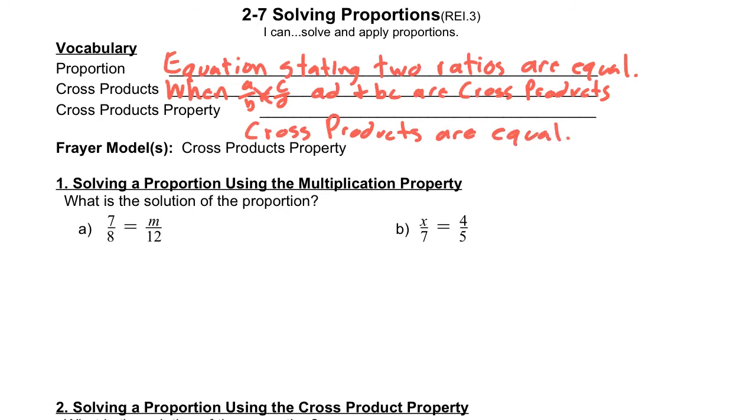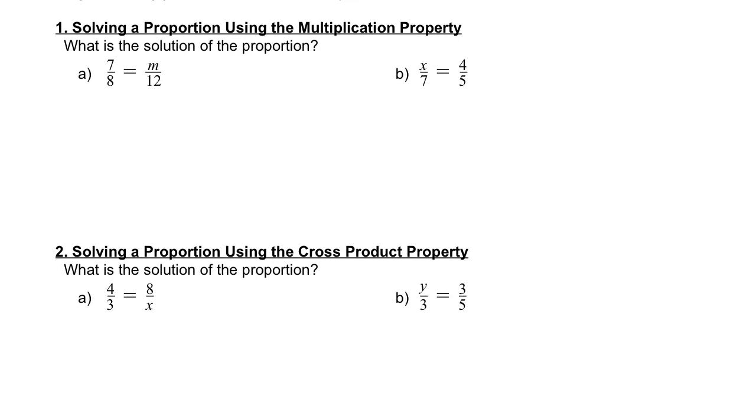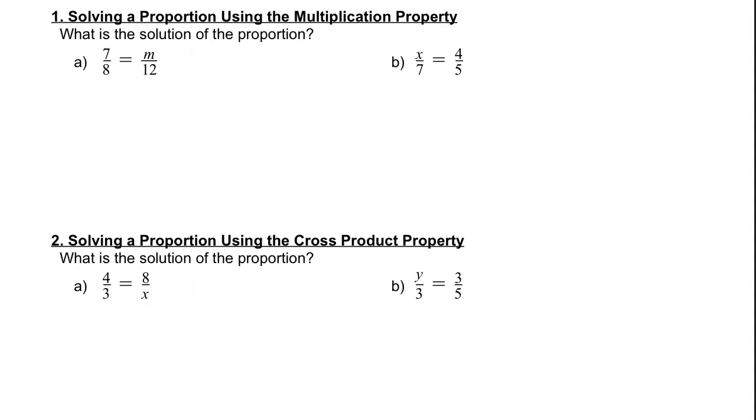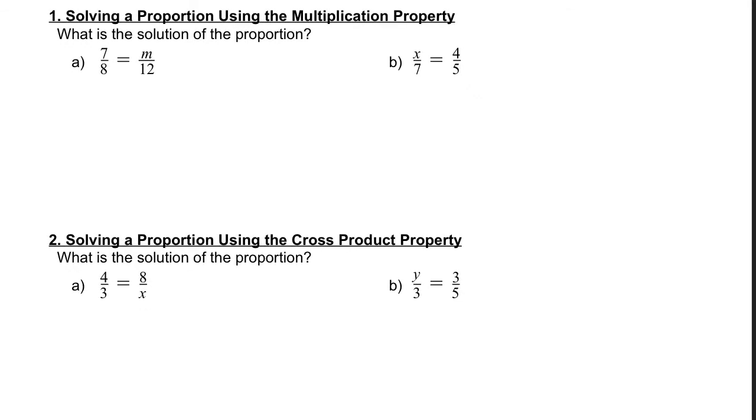So I'm going to show you how to solve proportions a couple different ways. Now, I actually am going to want to show you just a single way to try not to confuse you. So what I'm going to show you right off the bat, I'm going to use cross products for all four of these examples because I feel like it's a more universal way.